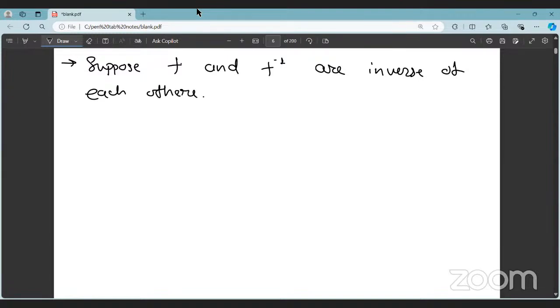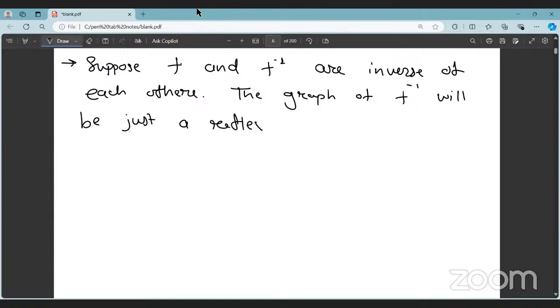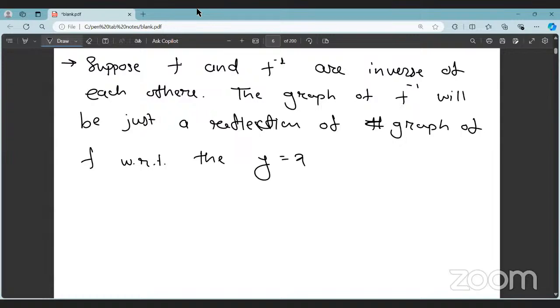Then I'll give you a fact: the graph of f inverse will be just a reflection of the graph of f with respect to the line y equals x.